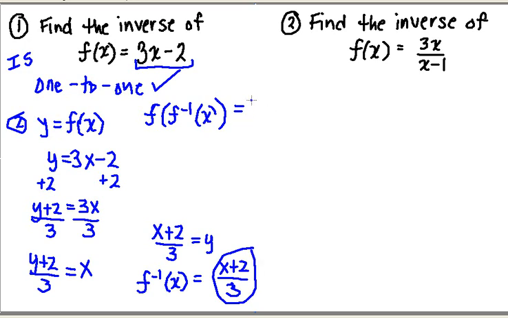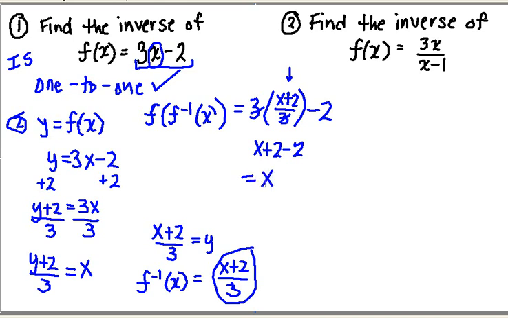So I've got 3 times x plus 2 over 3, subtract 2. All I did was go to my f function. Wherever I had x, I plugged in my inverse, which was x plus 2 over 3. Now I can see that my 3's cancel. I'm left with x plus 2 minus 2, or I'm equal to x, which by definition of inverse should happen.